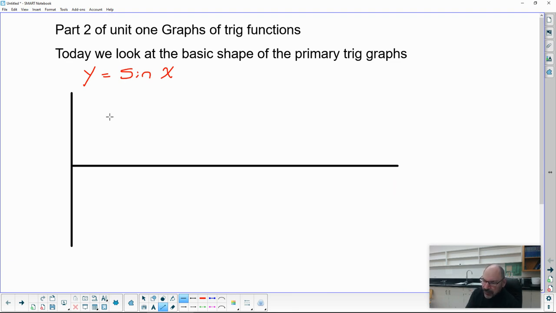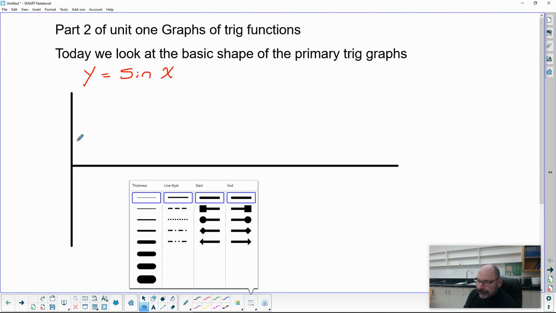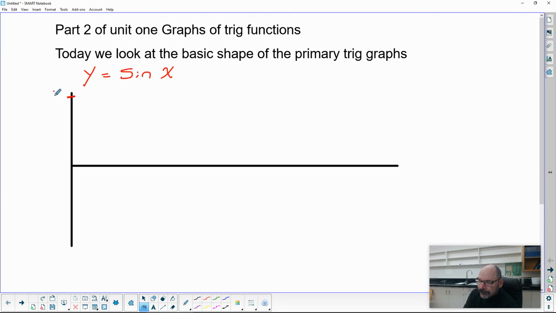We'll put a 1 here, and we'll put our 1 and our negative 1 on it. Okay, and then 0. Then we'll do our degrees in the middle. So this is y, and this is x, and this is in degrees. We're going to do it in degrees, not radians. We can do it in radians later.